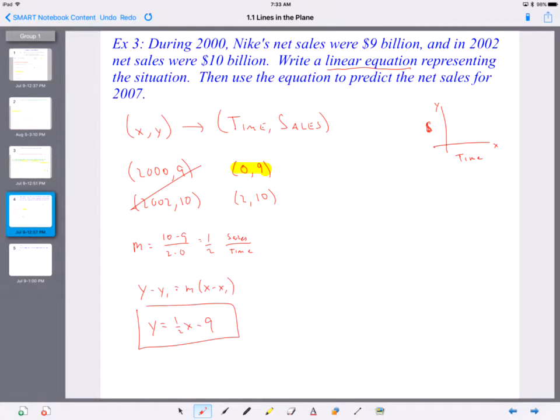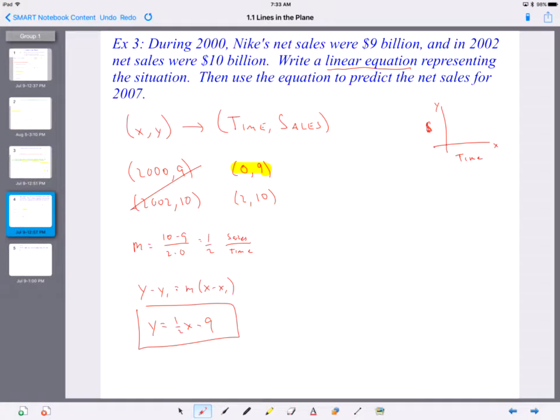So here's your equation in slope-intercept form if you use (0, 9) and (2, 10). If you choose to use the 2000, 2002, that equation will look a little different. But when you go to predict, it'll be exactly the same. Just make sure you use the actual year 2007 on that one.